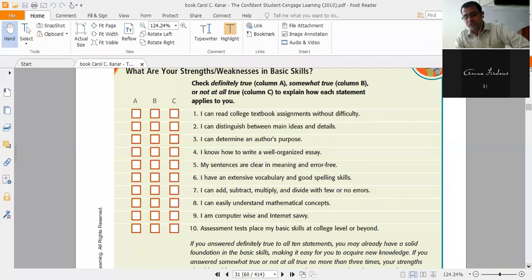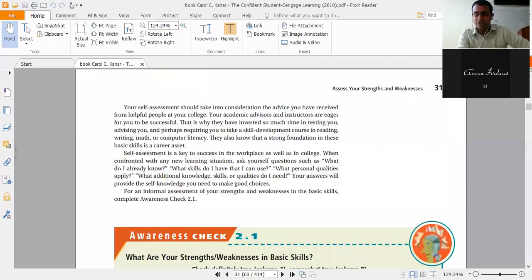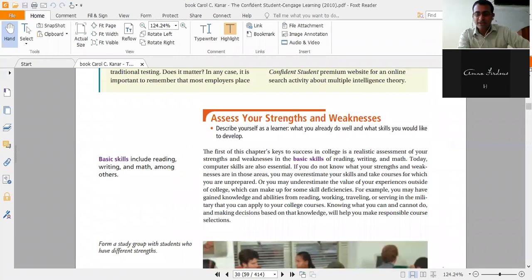I can add, subtract, multiply, and divide with few or no errors. I can easily understand mathematical concepts. I am computer-wise and internet savvy. Assessment tests place my basic skills at university level or beyond. So if you give the answers to these questions, of course, you will come to know where you stand.